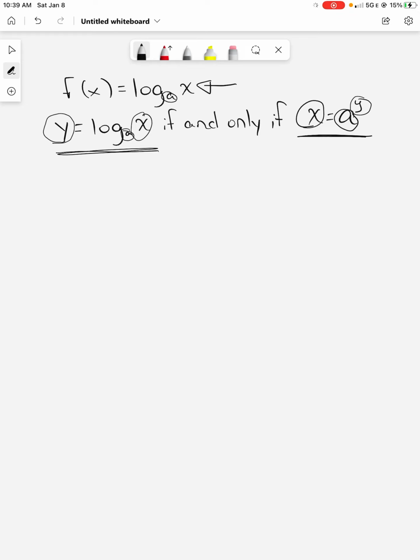Let's use this definition to evaluate f of x equals log base 2 of x if x is 32. To evaluate it, we're going to replace f of x with y, and we're going to replace x with 32.